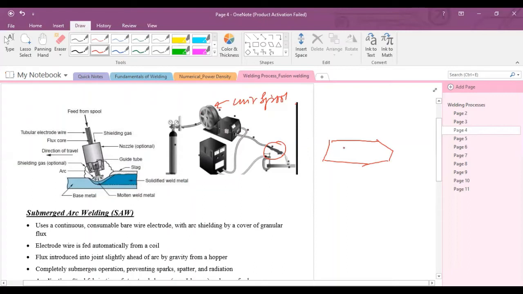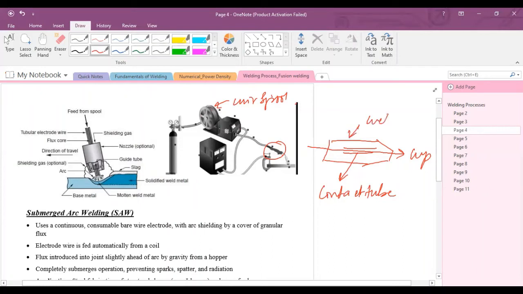In this welding torch, there is one contact tube, and the function of this contact tube is to direct the electrode to the workpiece. And there is one button. When you press this button, the wire spool will rotate and the wire is fed into the welding torch.